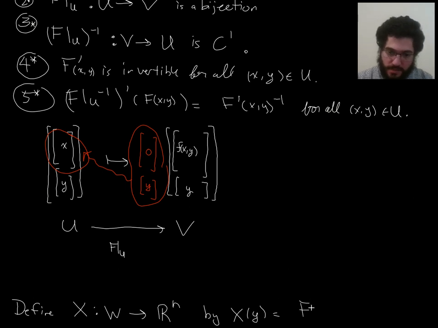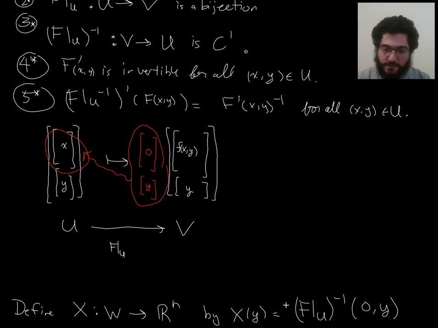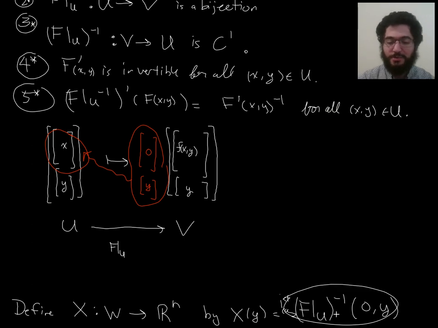Take capital F restricted to u, and then take the inverse of that and apply it to 0, comma y, and then take the first component of that. First component of this. Okay, so I'm about to write it down more properly in a moment.